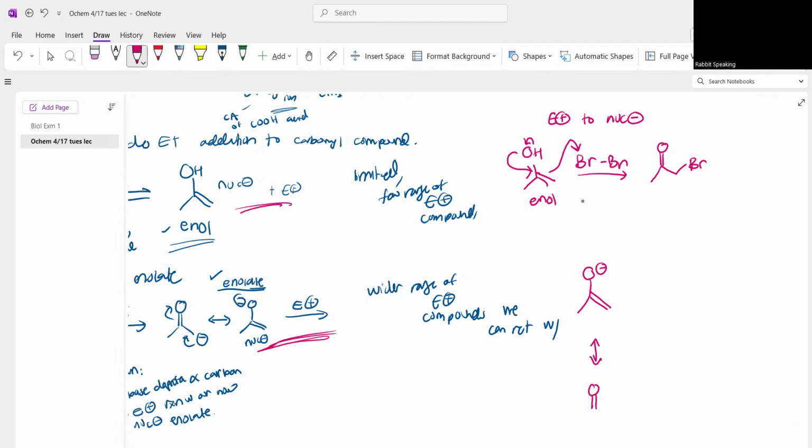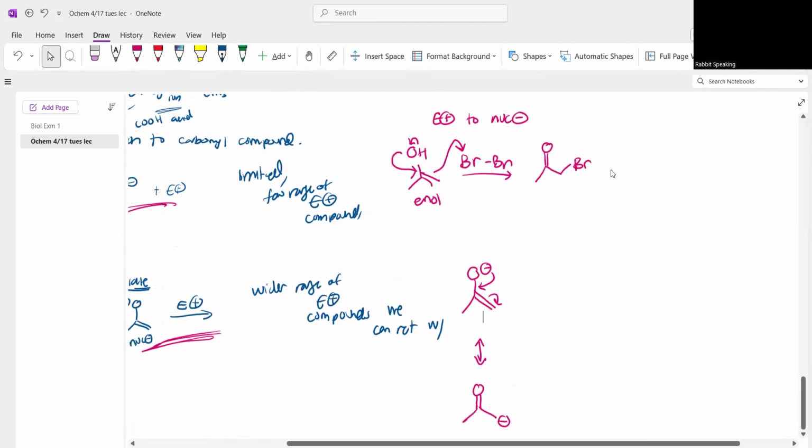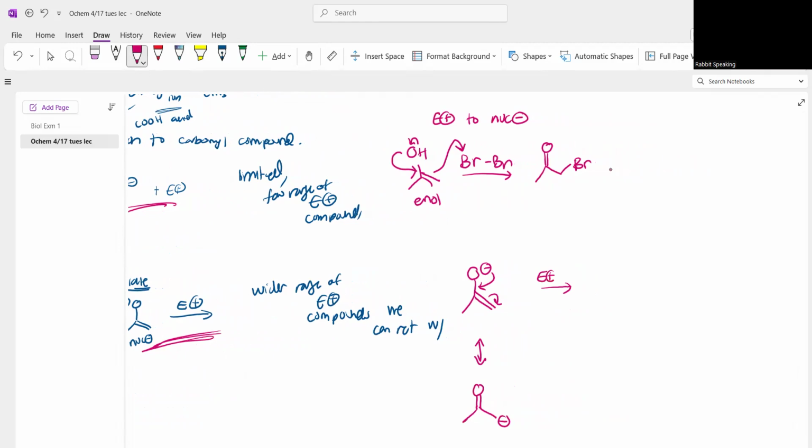We can have our negative charge on our oxygen, or we can have our negative charge on our carbon. And there are two important things to think about, and the pathway taken. So we can have our electrophile add here.